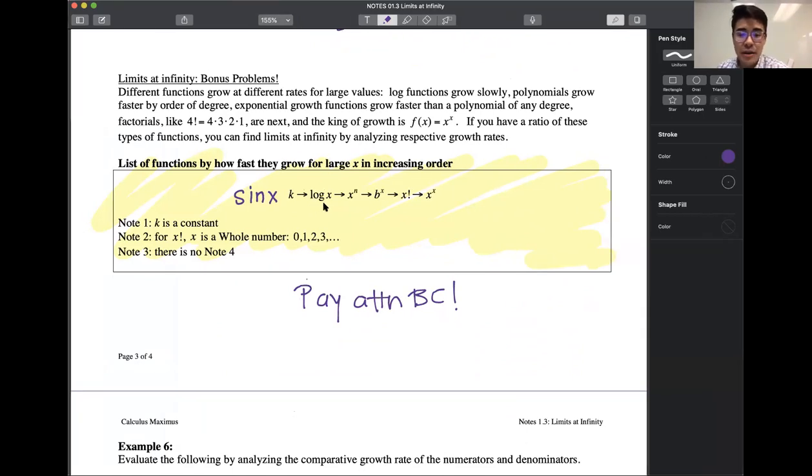And then you have log, and then you have any exponent, and these go in order, right? So x to the first is smaller than x to the second, is smaller than x to the third, et cetera, et cetera. And then you have your exponentials, and you have your factorial, and then you have this one, which is your power function, when you have x to the x. So this should help you with the intuition when you're evaluating limits at infinity.